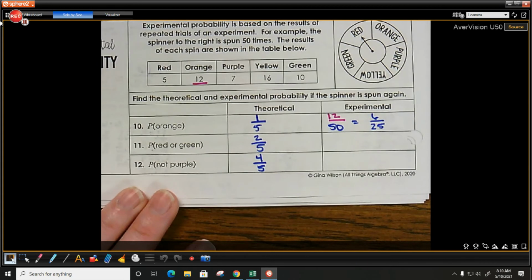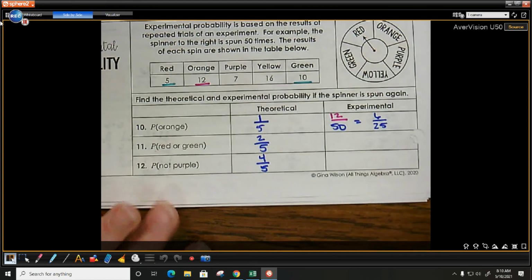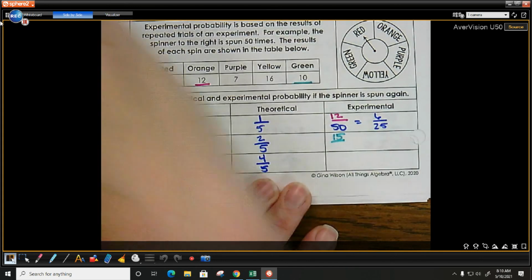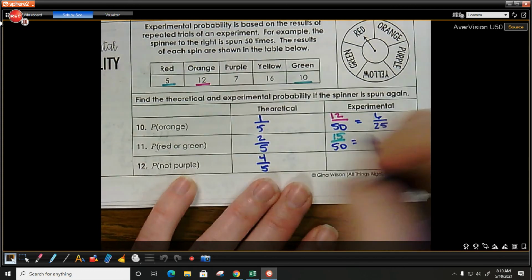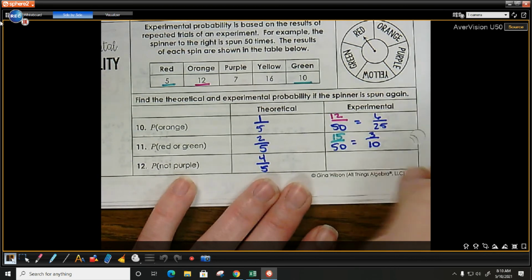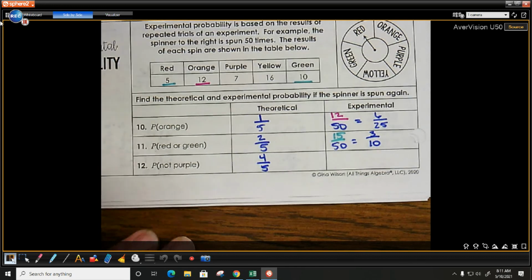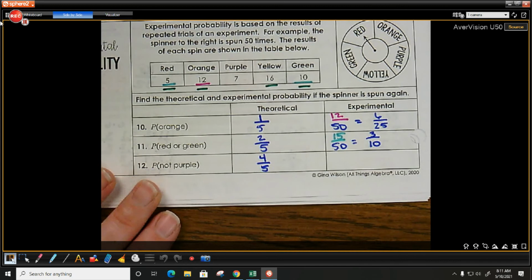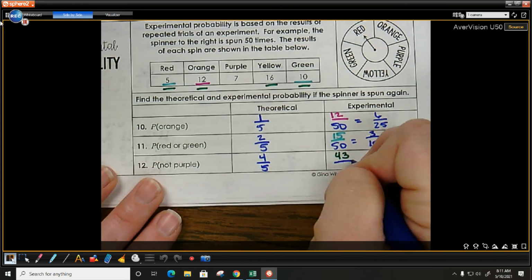Okay, then the probability of red and green. 15 over 50, which simplifies to 3 over 10. Okay, then the probability of not a purple. So that's add all of them up except for the purple. 43 over 50. 43 is prime, so that does not simplify.